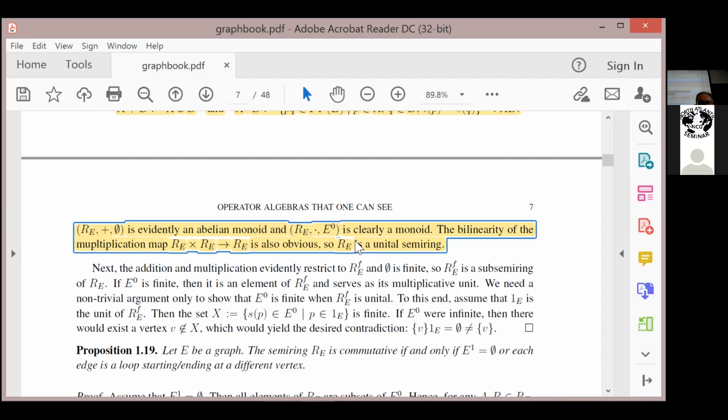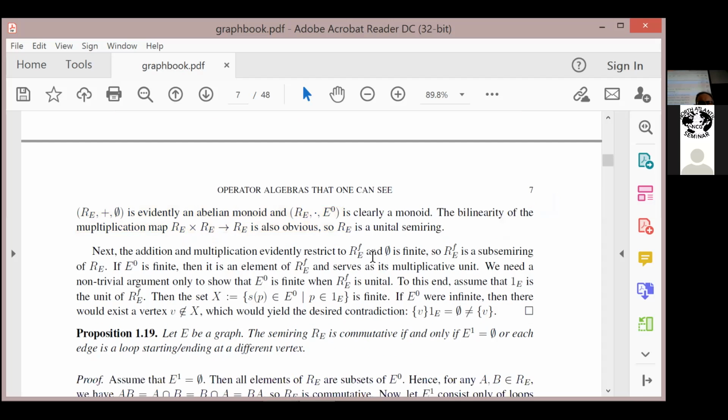So I told you, the first part is completely trivial. So now we go to this restricted semiring. And well, for starters, it is obvious that both the addition and multiplication restrict to RFE, and the empty set is no doubt finite. So the neutral element of the abelian structure is contained in the restricted part.